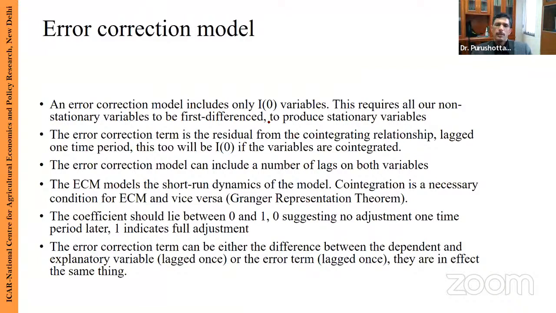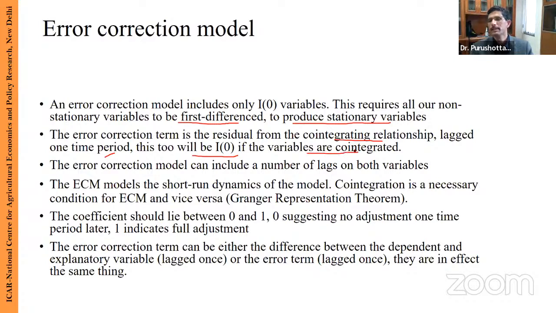Any error correction model which includes I(0) variables requires all our non-stationary variables to be first differenced to produce stationary variables. And the error correction term, if there is a co-integrating relationship, lagged one time period, that too will be I(0).